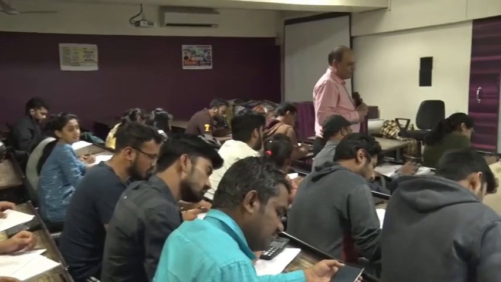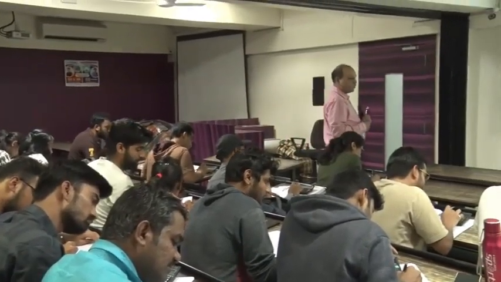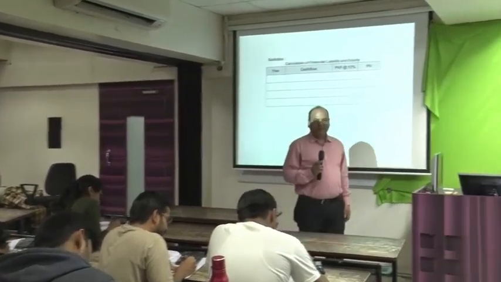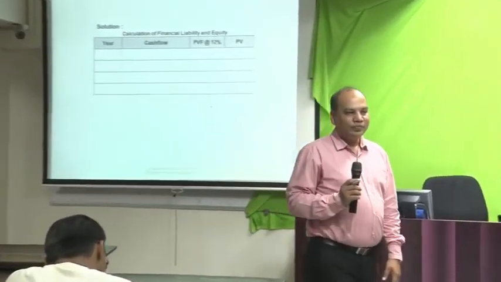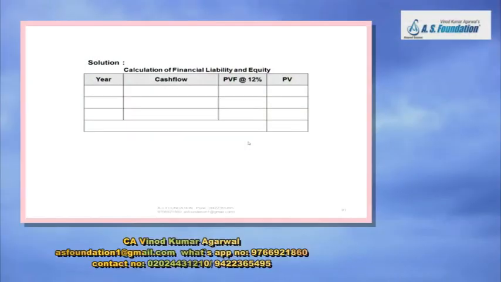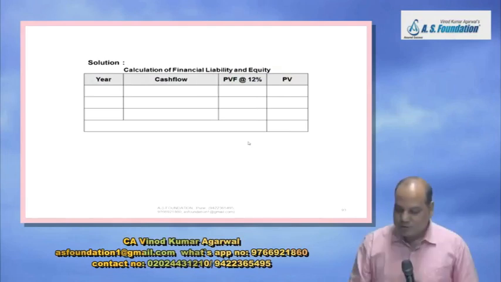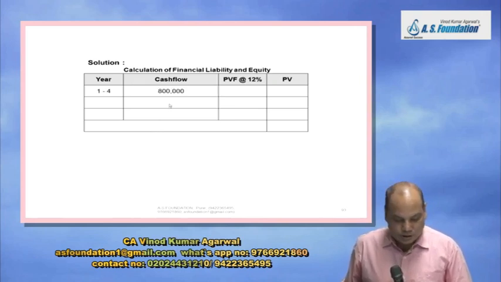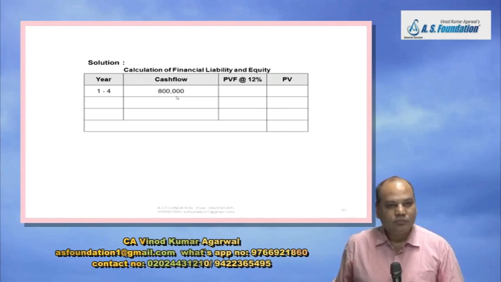Okay, time over. What is the answer? 4 lakh 52,000. Equity. Oh, I thought 1 crore rupees is the value and the debt component is 4 lakh. So tell me, how many years are involved? 4 years. What is the cash flow you have written here? 8 lakh.